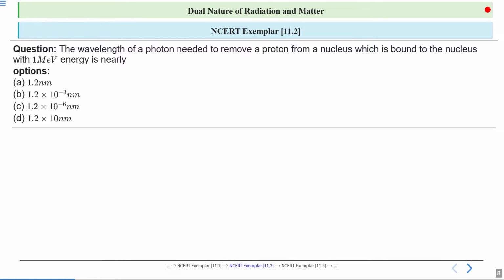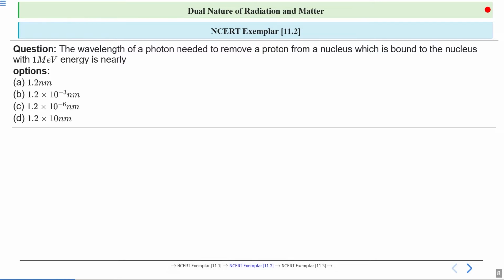So to remove that proton from the nucleus, which is bound with the energy 1 mega electron volt, 1 mega electron volt energy is required. So which wavelength corresponding to that photon will be needed to remove that proton?